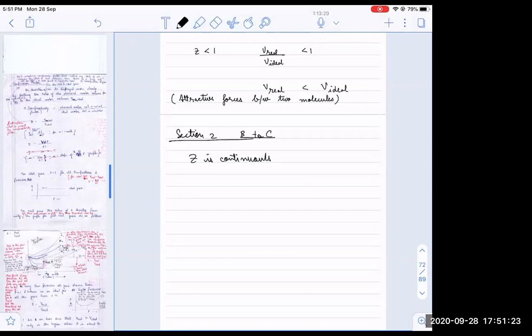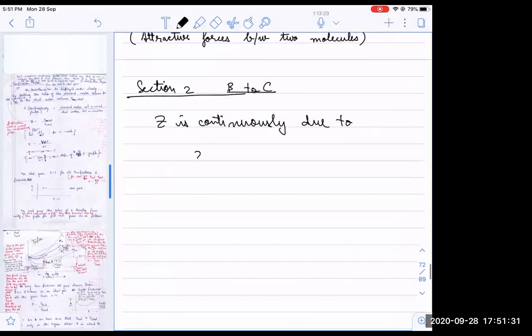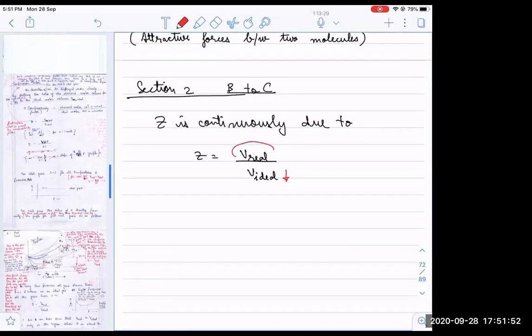Let's see, Z was V real by V ideal, and when we increase the pressure, V ideal was going sharply down, while V real almost remained constant.